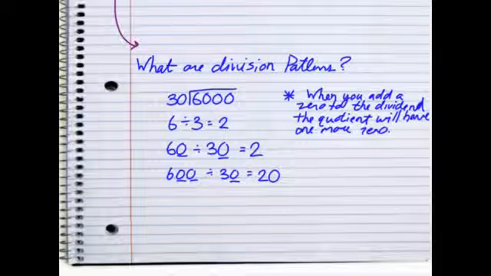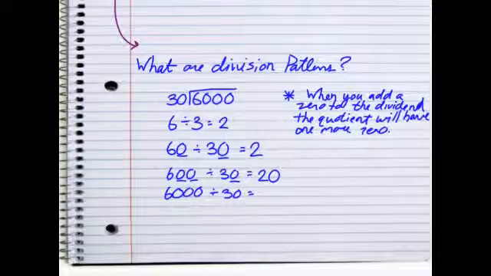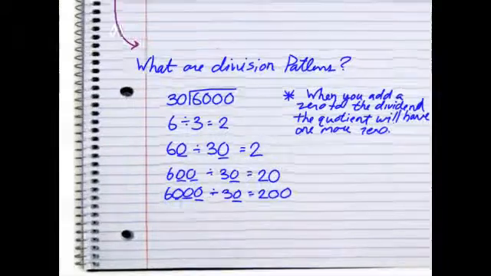Lastly, 6,000 divided by 30. Again, I have 2 extra zeros as opposed to my divisor, so my quotient is going to have 2 zeros. It's equal to 200. So that is a significant pattern that is really important to notice.